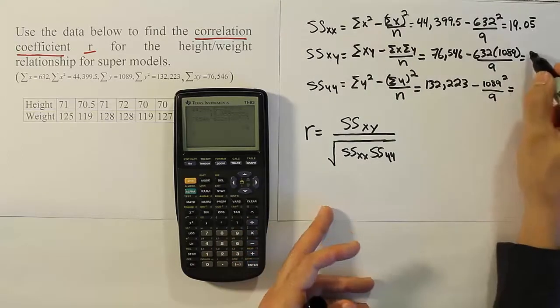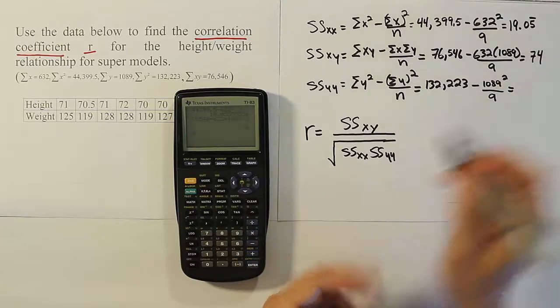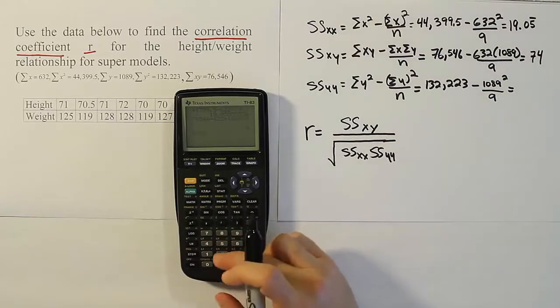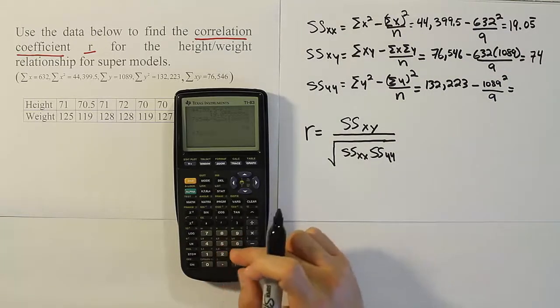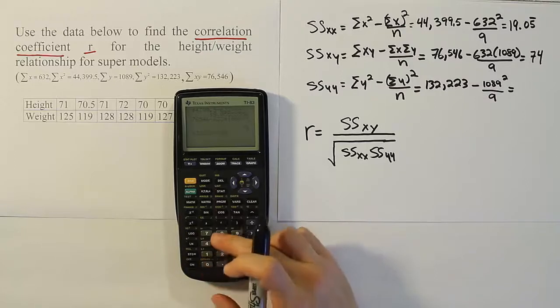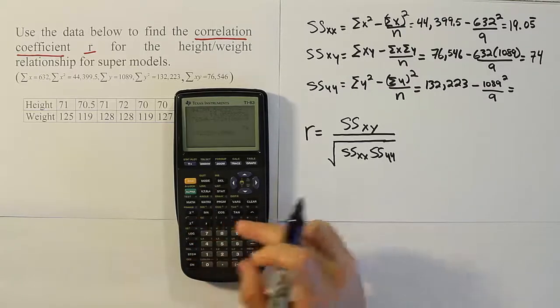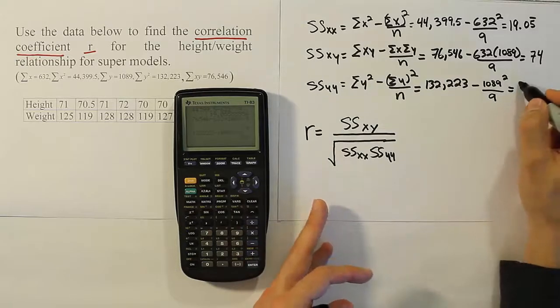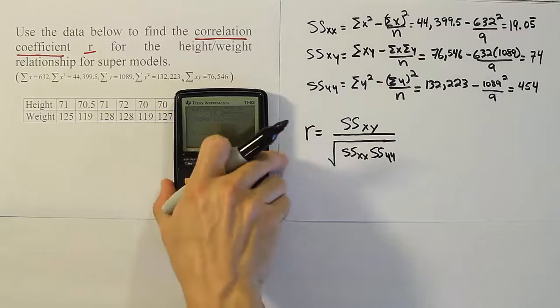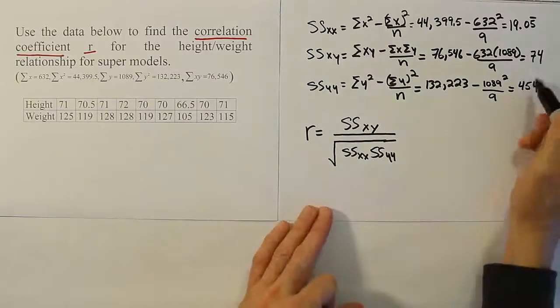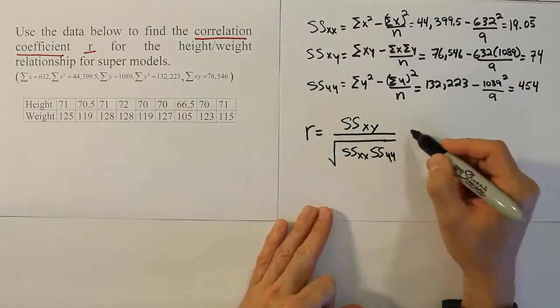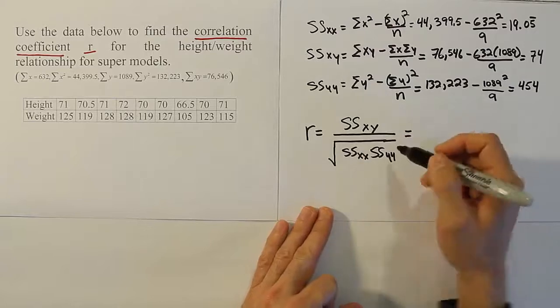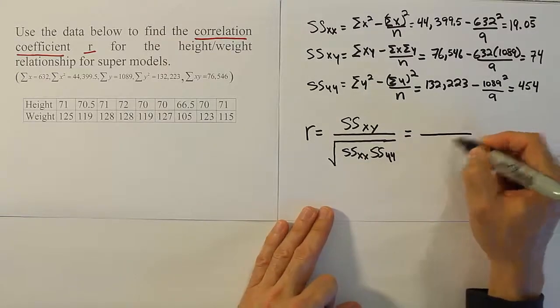We get the answer 74. And then we'll have 132,223 minus 1089 squared divided by 9. All right, when we're done, we get the answer 454. Okay, so those are nice values there. Most of them are round, and the other one that continues at least repeats. So when we enter them into our formula, it should be nice and easy to get the solution here.